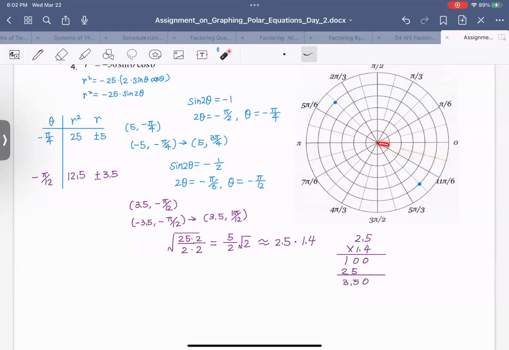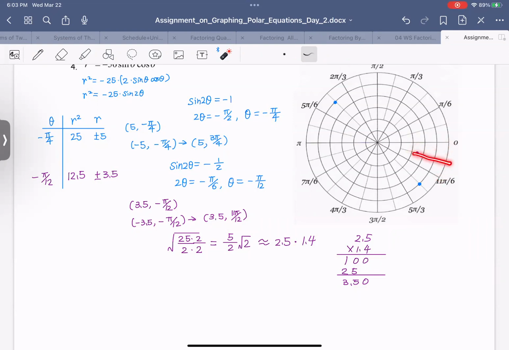So this is a 1, 2, 3. 3.5 will be here, right? So the next point is going to be 1, 2, 3, 3.5. Right here. Because this is a half of 0 and negative pi over 6. So this is on the line of negative pi over 12.